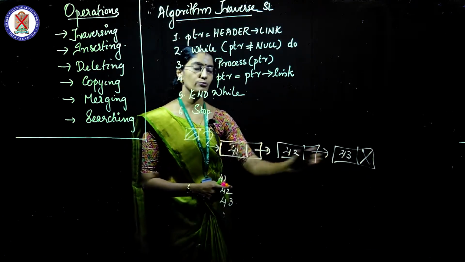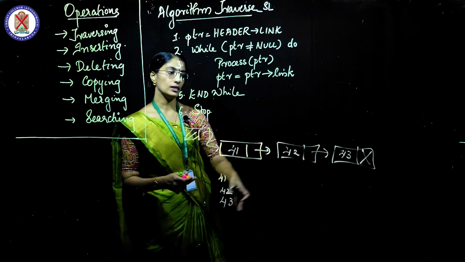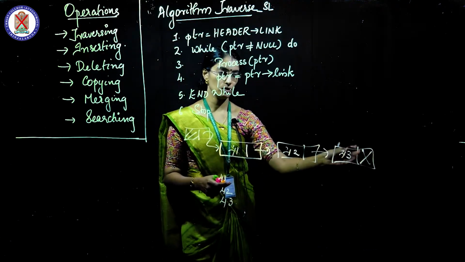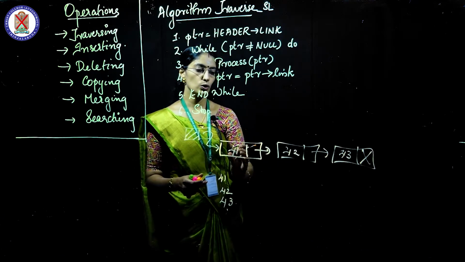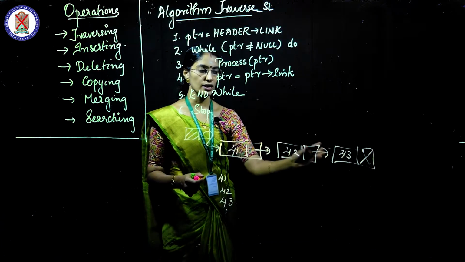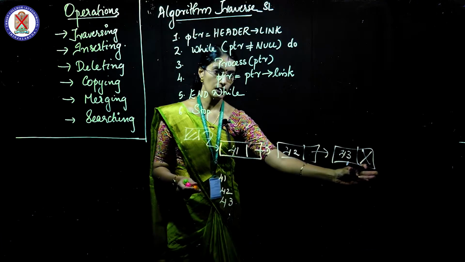This process of printing goes on until you find the null part or the stopping node. You know that the stopping node has the address part as null. So you go on traversing the linked list until you find the null part in the address.